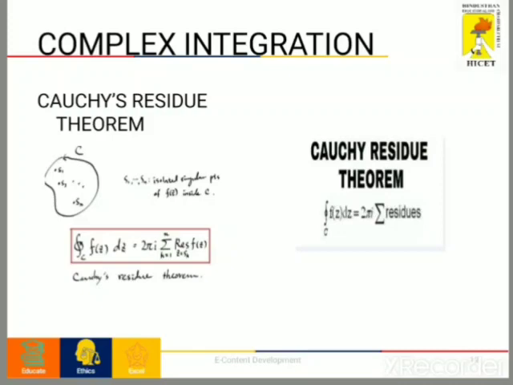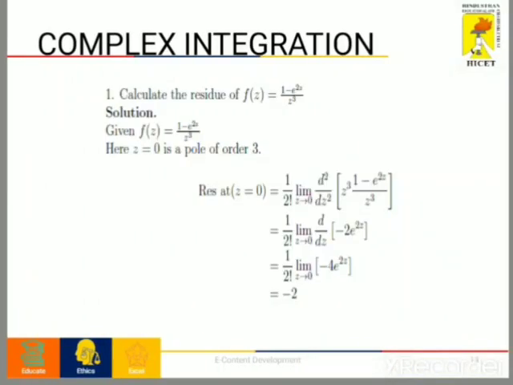So we have to find the residue at each and every point, and finally add all those residues of f of z at all the points. Hence, we have the result: integral over c of f of z dz equals 2 pi i times the sum of the residues.